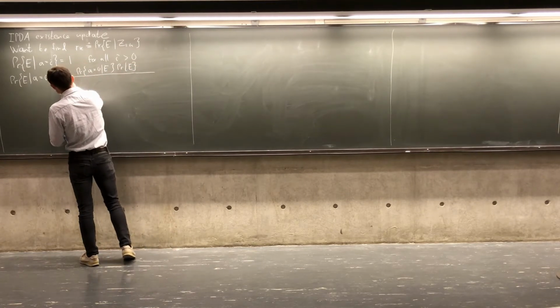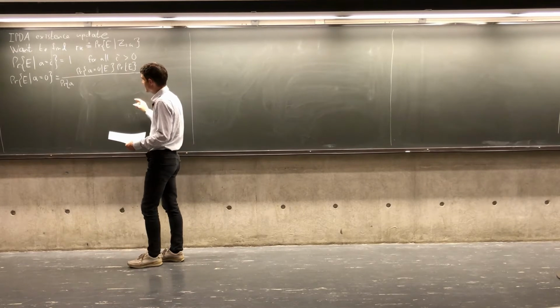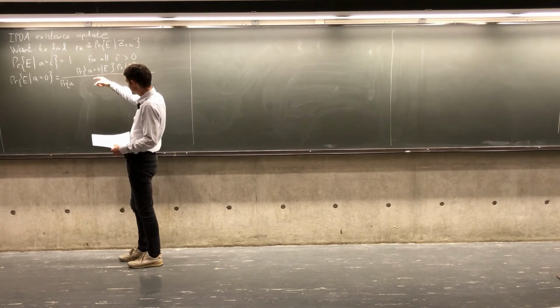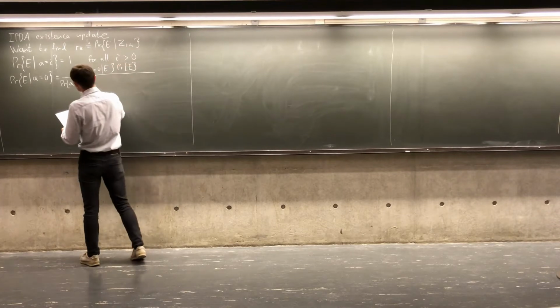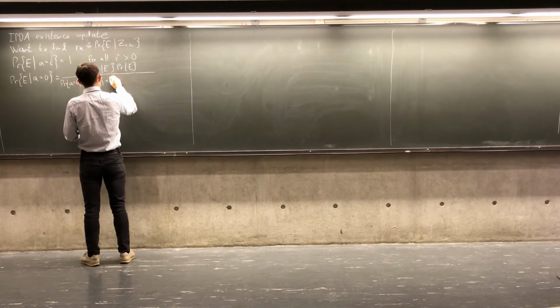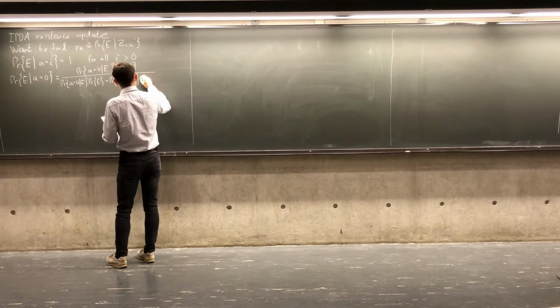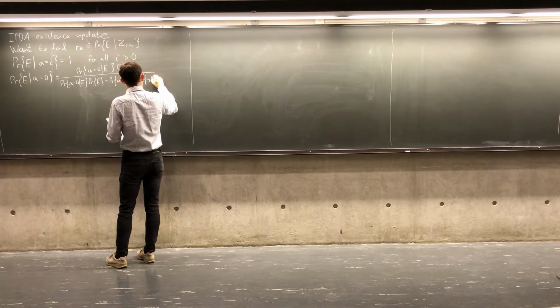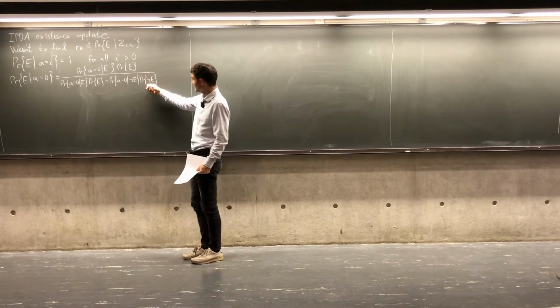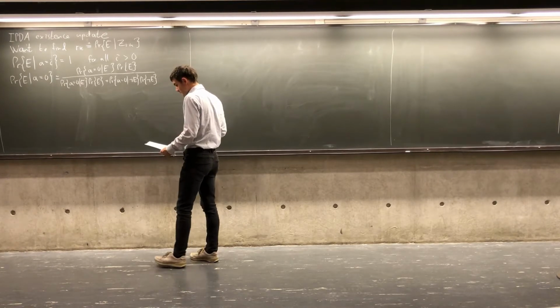Then we have a normalization constant, which is this plus the probability of A equals 0 conditional on non-existence. This is how I write that. This symbol is the negation of E, the non-existence.